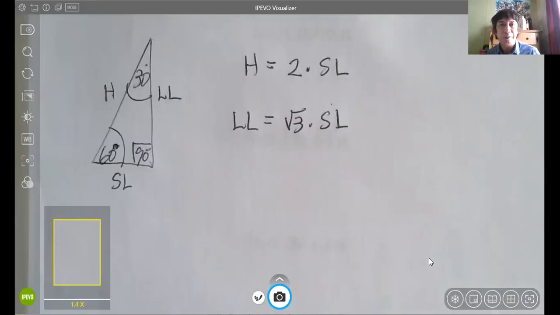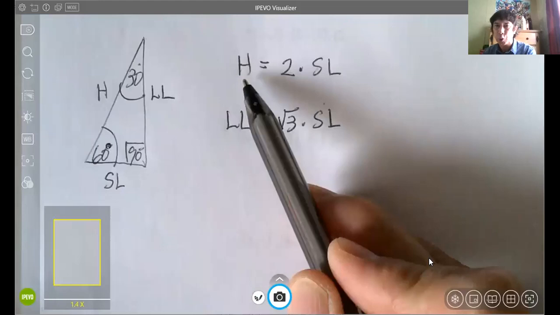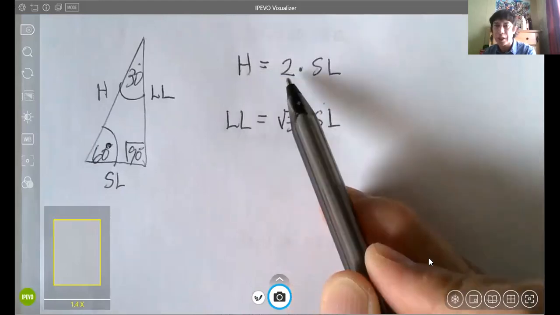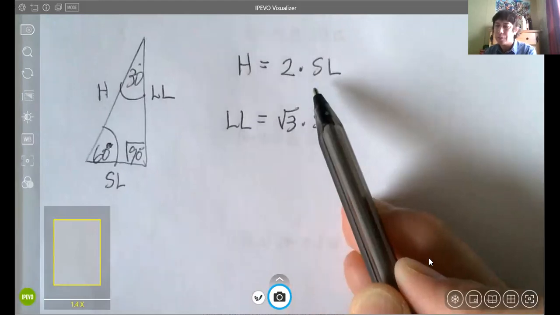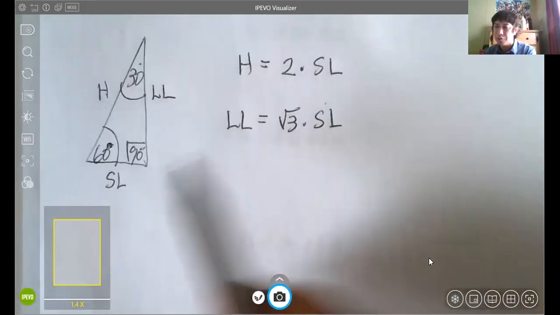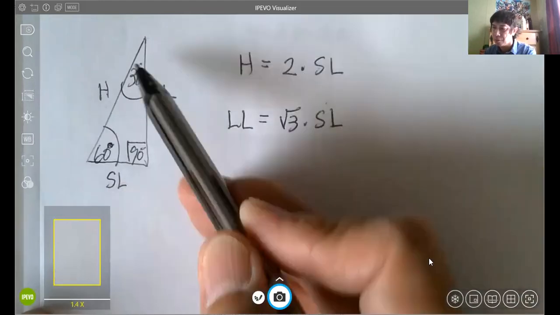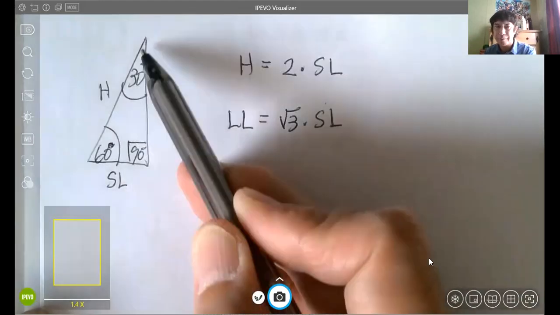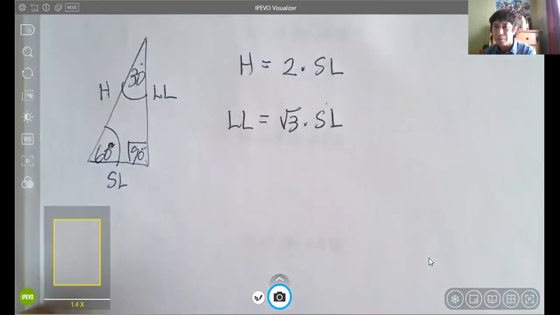Now, we're going to use two formulas only for this 30, 60, 90. You can see the hypotenuse is equal to 2 times the shorter leg. There, that's your formula. So that means if you double this shorter leg, that will be the measurement of the hypotenuse there. Now the second formula is for the longer leg.